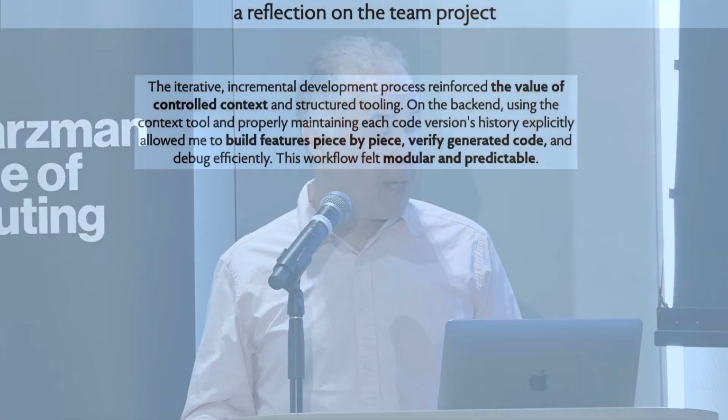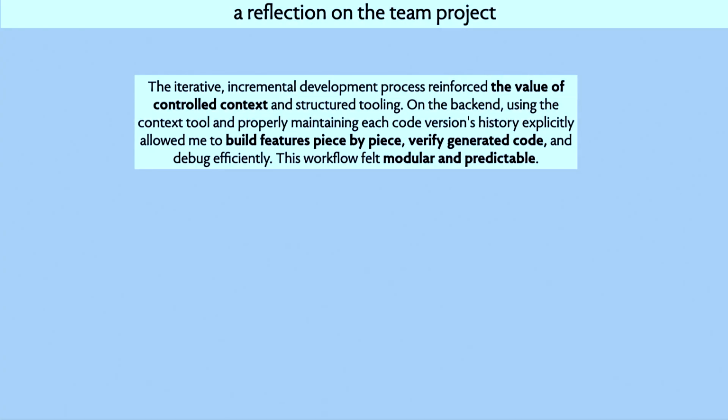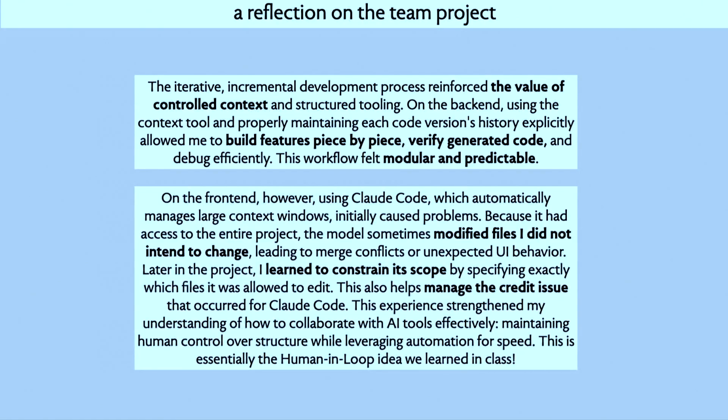On the team project, we had a particular requirement for writing reflections. I want to show you two of those. Here's one. This was very thoughtful. This is basically someone saying that the context tool worked. They were able to build things in a nice incremental way, modular and predictable. And then they said, when they started using Claude Code, which is one of these agentic things, it was not good.